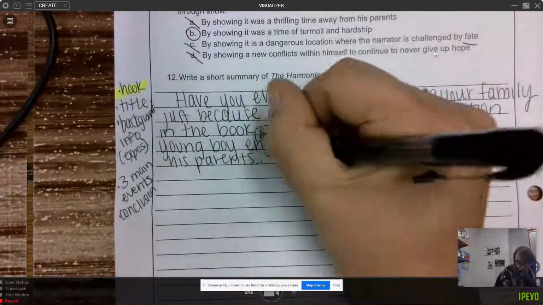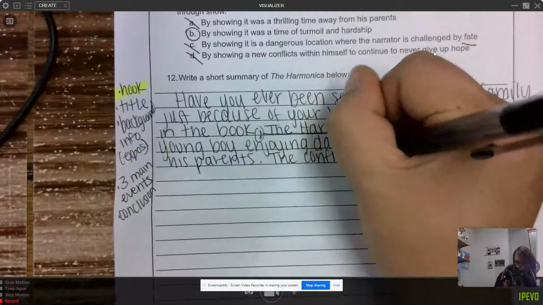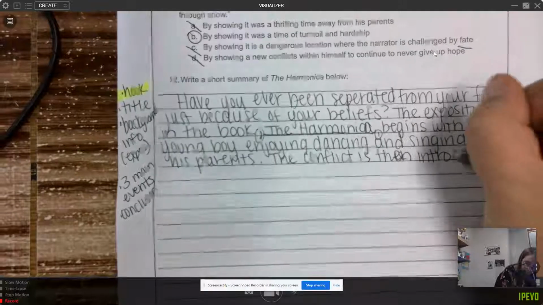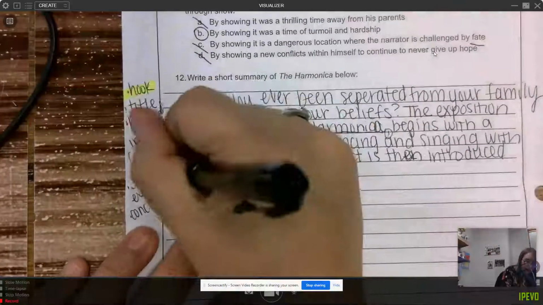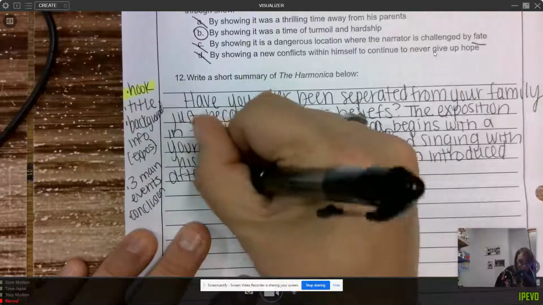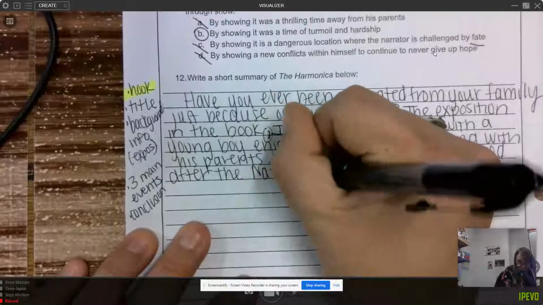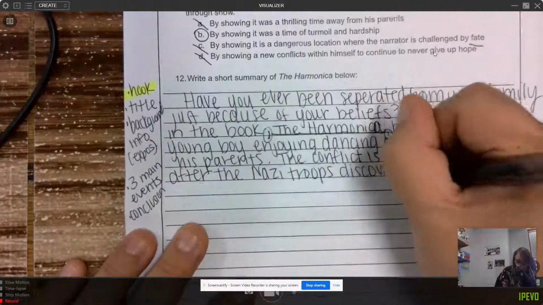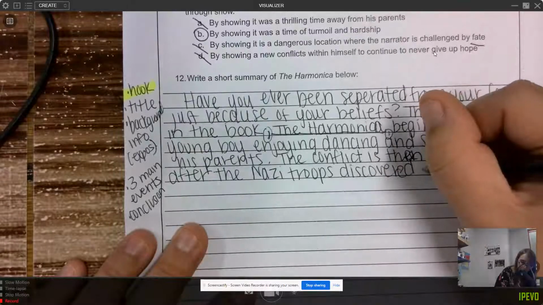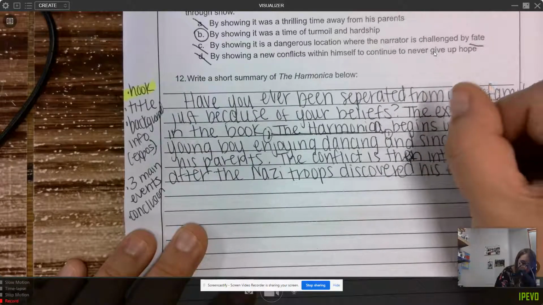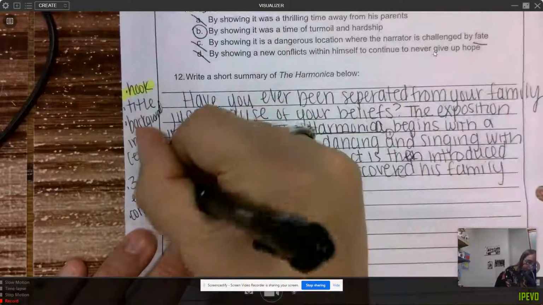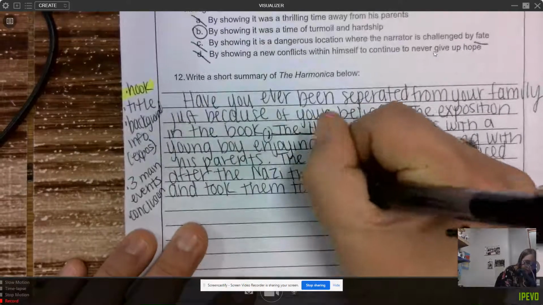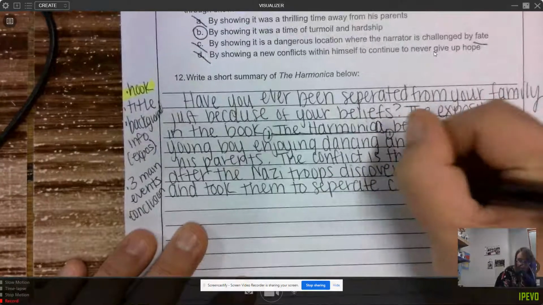Okay, then you can say the conflict is then introduced after the Nazi troops discovered his family and took them to separate concentration camps.